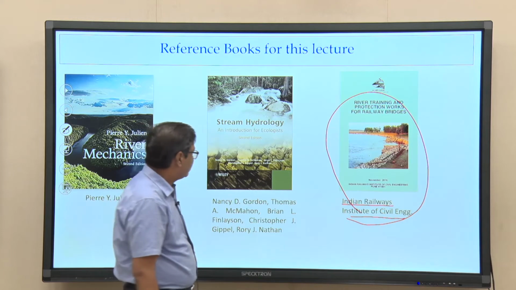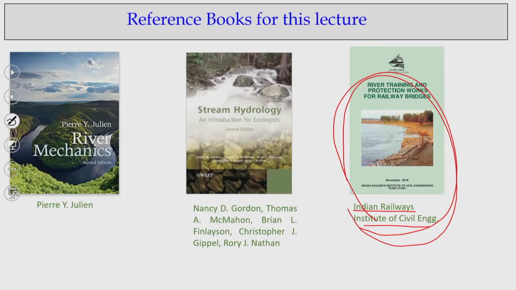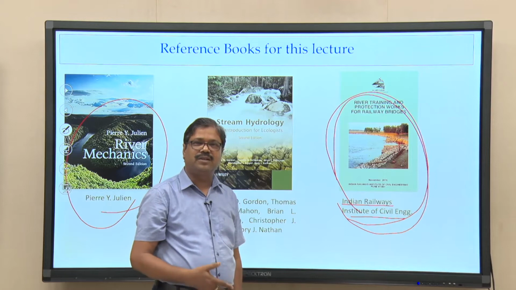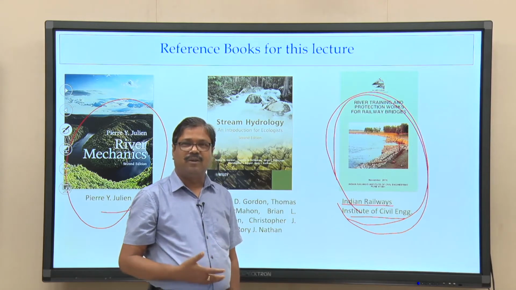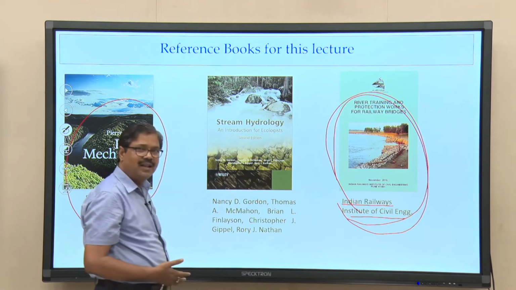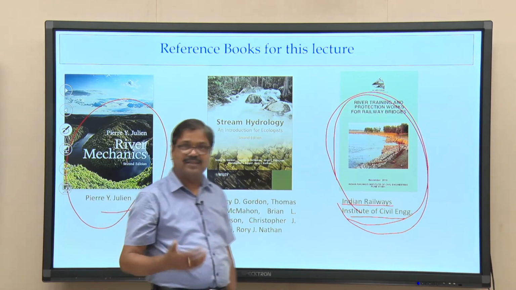These are given in great detail in this book, and I am going to follow this book as well as P.Y. Julien's books. As you know, many studies have been done for the river Mississippi, and there is a lot of experience on the Mississippi and elsewhere. I am going to deliver the lectures for you using a combination of both.